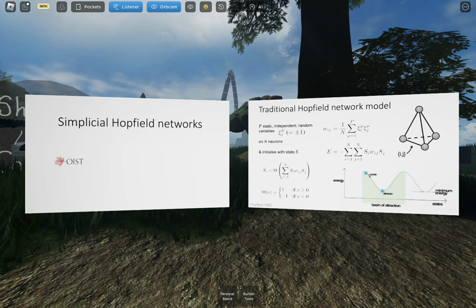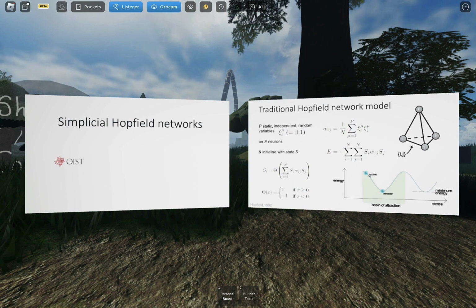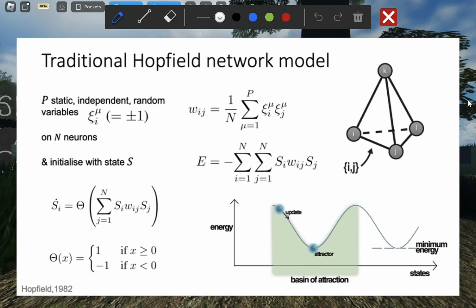Before I begin, I just want to explain a little bit about the history that got us to here. First, I wanted to talk about traditional Hopfield networks. They were made by Hopfield in 1982. I'm going to be saying Hopfield networks, but there's some debate about whether we should call them that, because before 1982 there were other people that came up with very similar ideas.